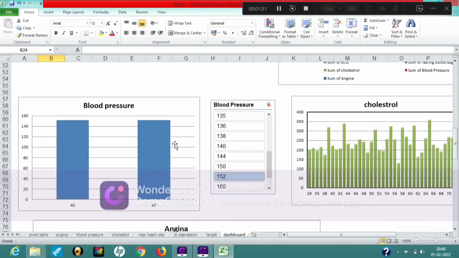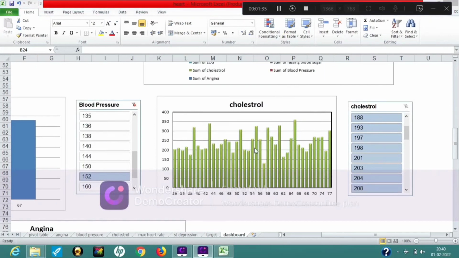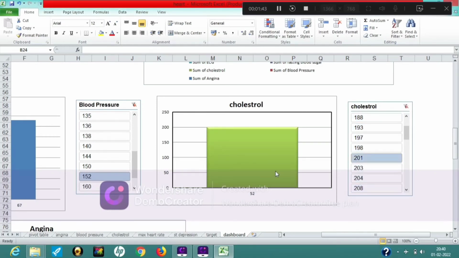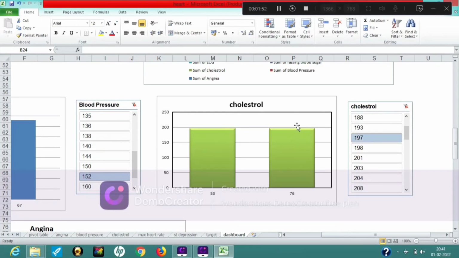We can easily analyze our data with the help of the slicer. Then this is my slicer and pivot chart for cholesterol. 201 cholesterol at the age of 52, and 208 at the age of 45, 197 at the ages of 53 and 76.